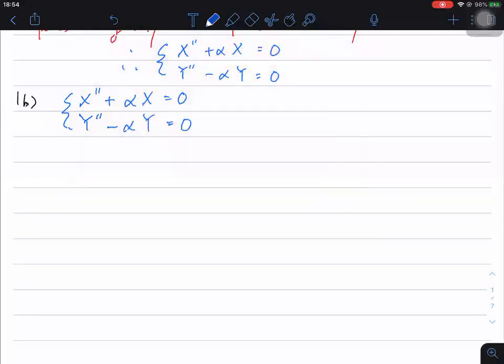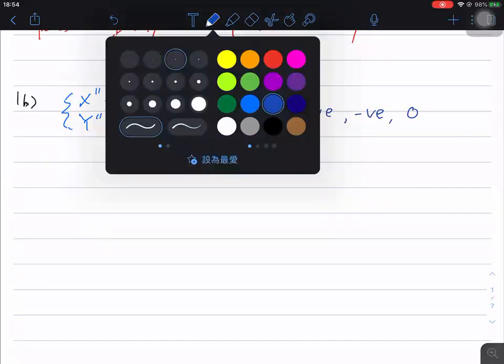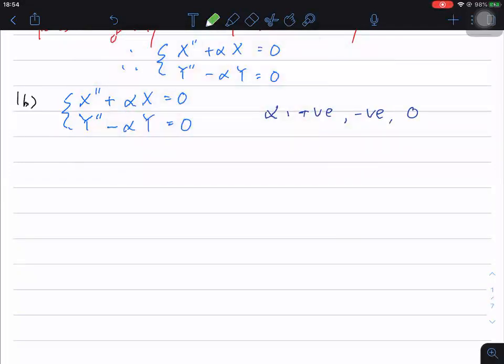And since we cannot impose any condition on these two equations or on the constant alpha, alpha can be a positive number, a negative number, or even 0. So there are in total 3 cases you should consider.